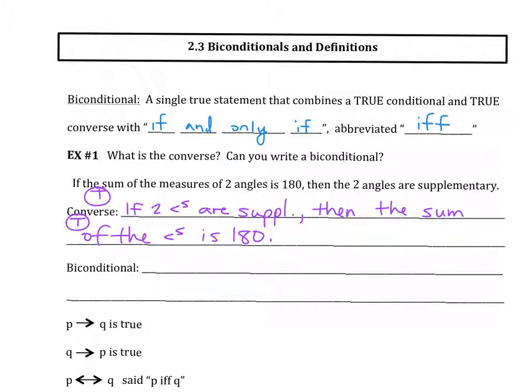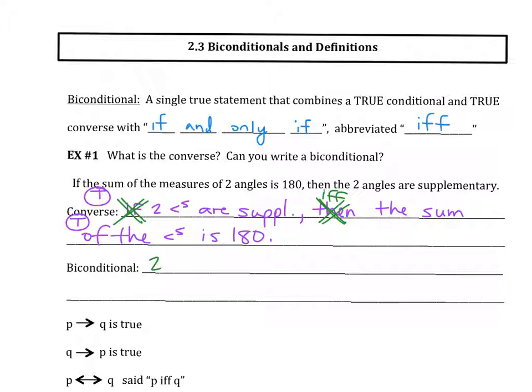Okay, so here's the deal. If conditional and converse are both true, then you can write it as a biconditional, meaning this statement will be true both ways, and we don't actually have to write it both ways. So the biconditional does this, and I'm just going to show you in green up here. You're going to take out the if, you're going to take out the then, and you're going to put the if and only if in place of the then.